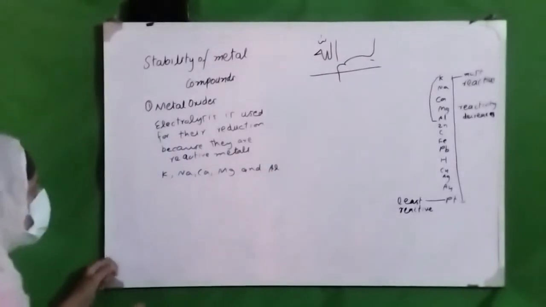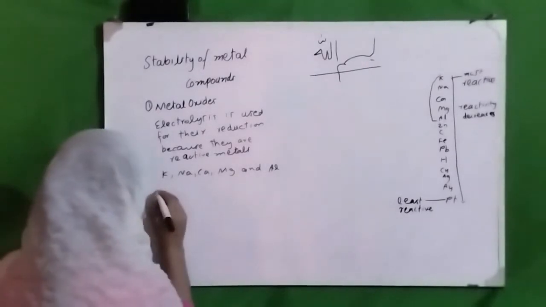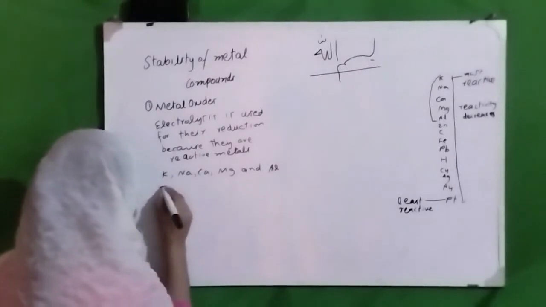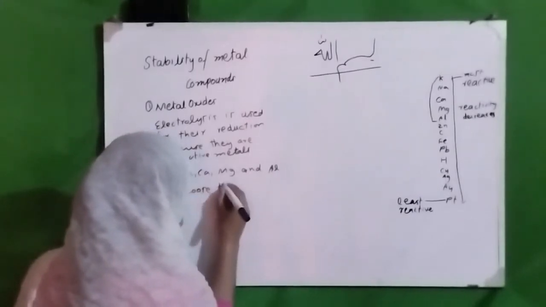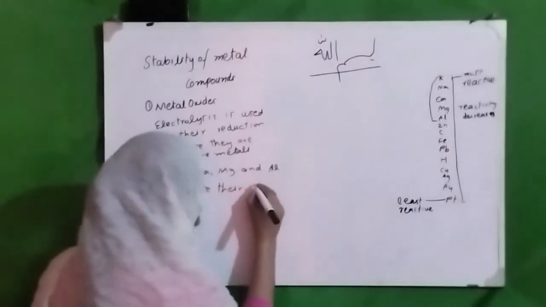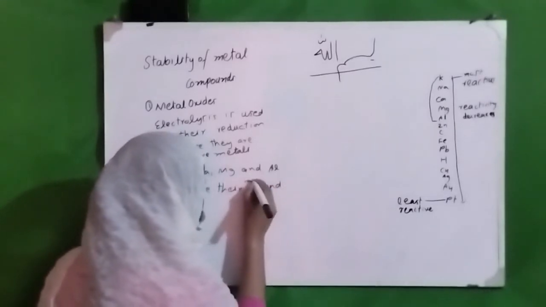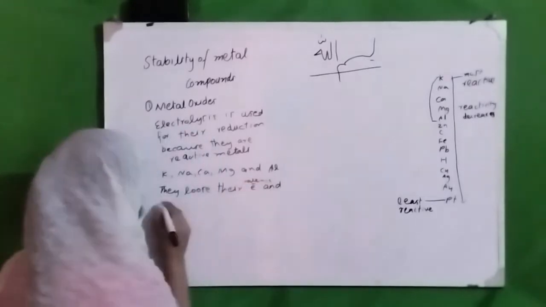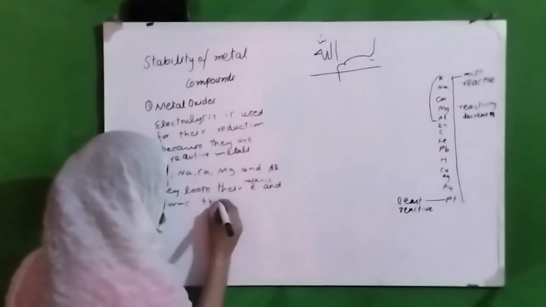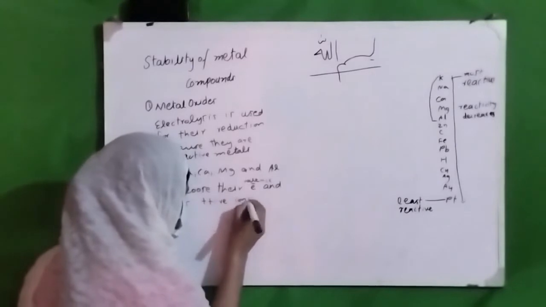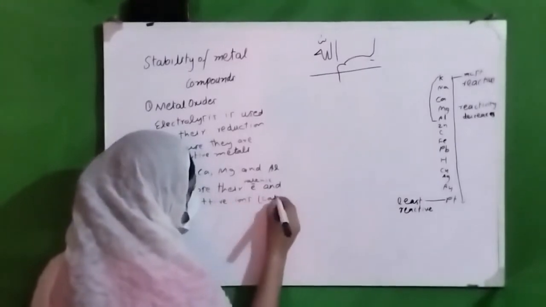They lose their valence electrons easily and form positive ions, which are known as cations.